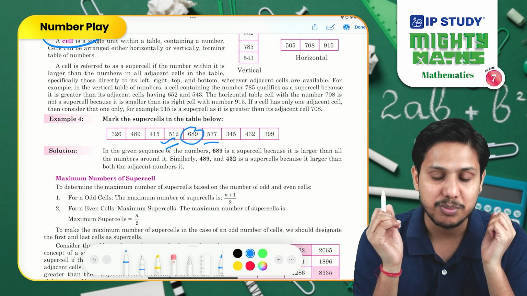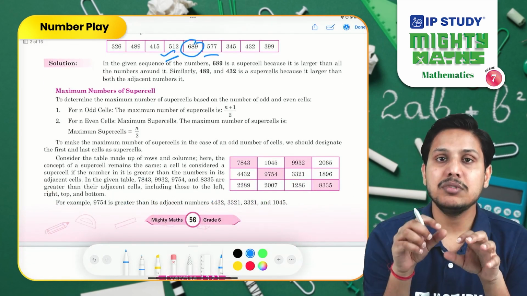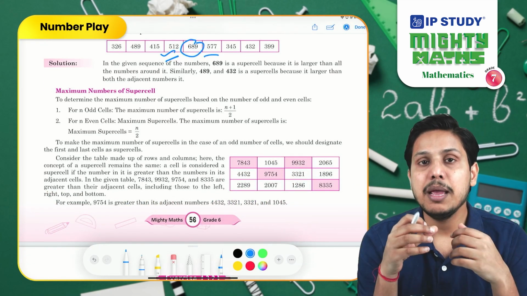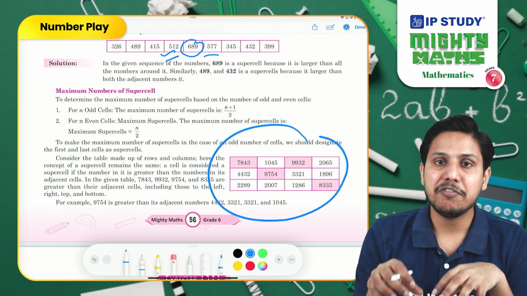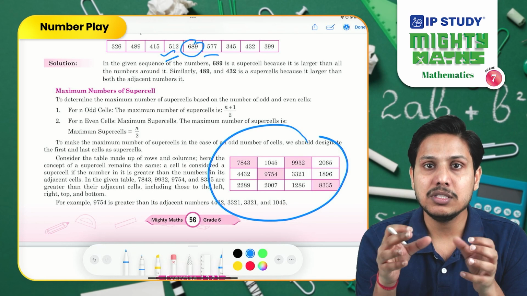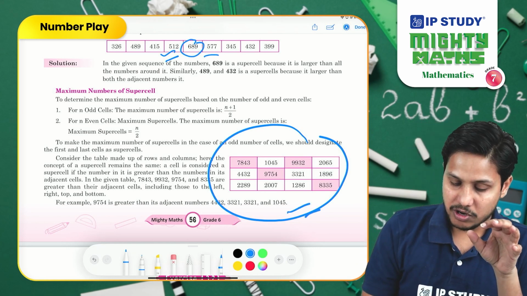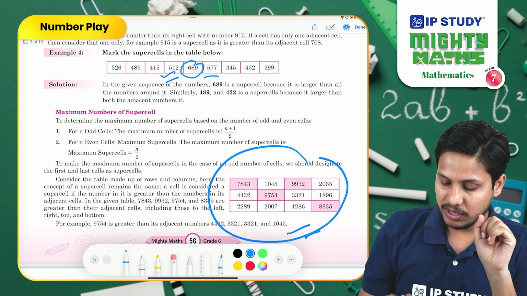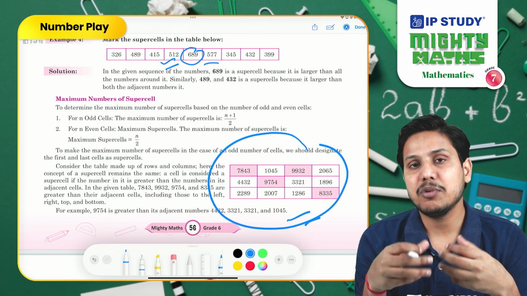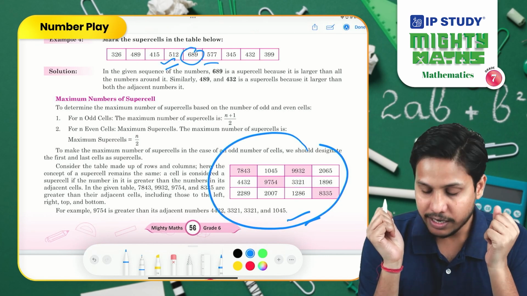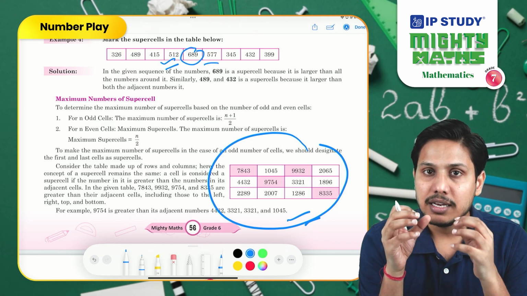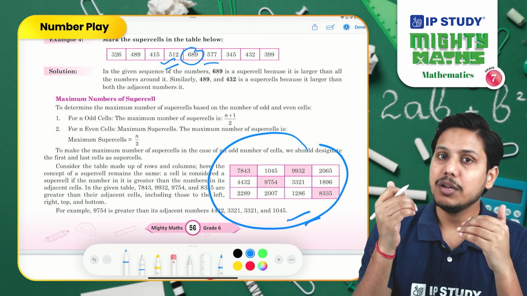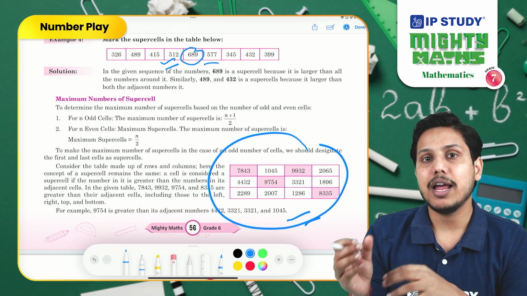Now students, sometimes the table will be horizontal only, but sometimes a table can look like this. In a table where there are rows and columns like this, here also there are rows, but the number of rows is 1 only. If the number of rows and columns are greater than 1, then we have a rule that neighbors mean the numbers on the top, bottom, left or right of the number.